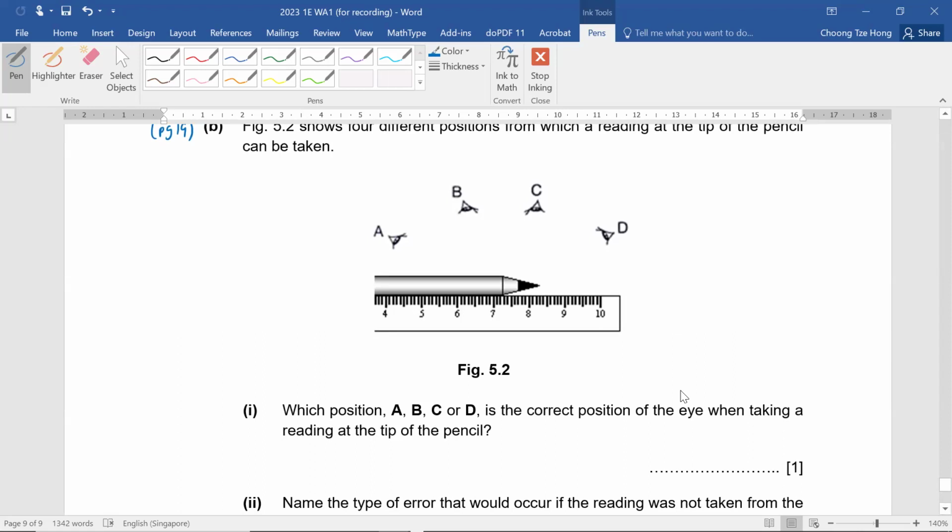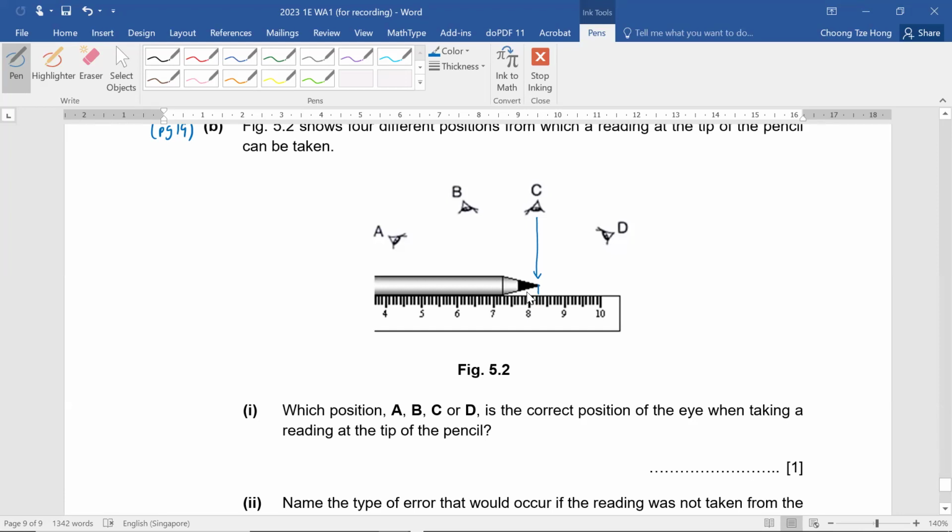Okay, so when you want to take any readings or measurements using any instrument, you always got to ensure that your eye level is aligned with the reading to be taken. So you need to align your eye to the marking to be read. If you don't align your eye, basically you'll read some other reading.